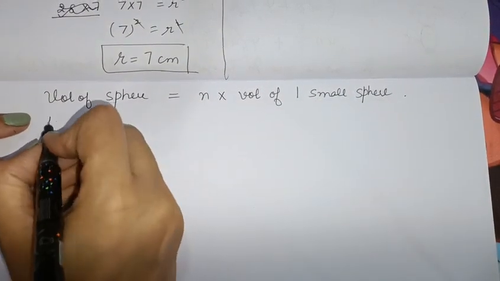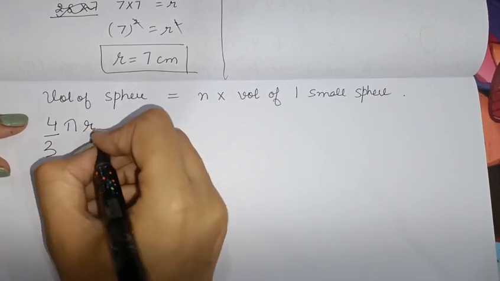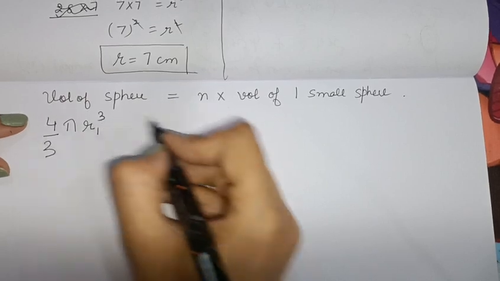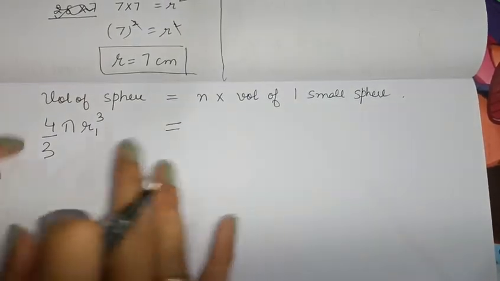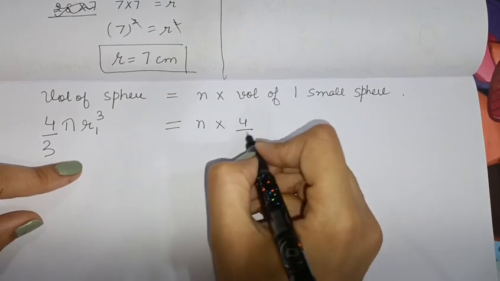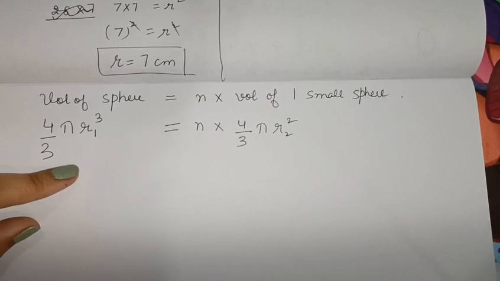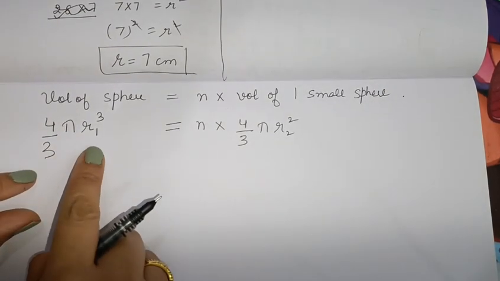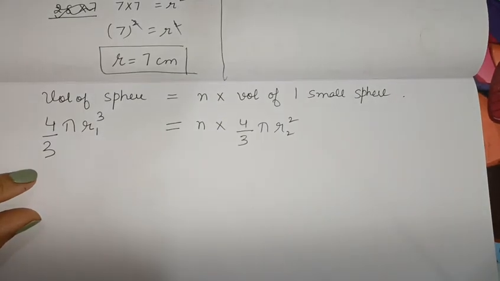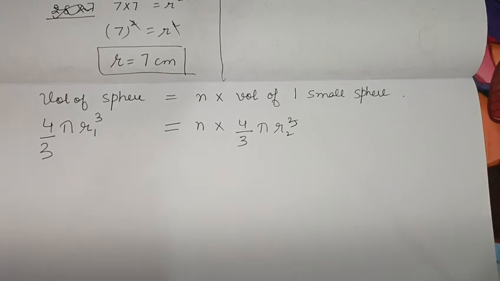So volume of sphere's formula is 4 by 3 pi r1 cube. Because the r's are different, I am differentiating this r as r1 and this r as r2. So 4 by 3 pi r1 cube is equal to n into 4 by 3 pi r2 cube, because of the volume formula.